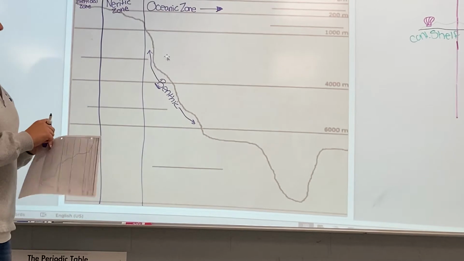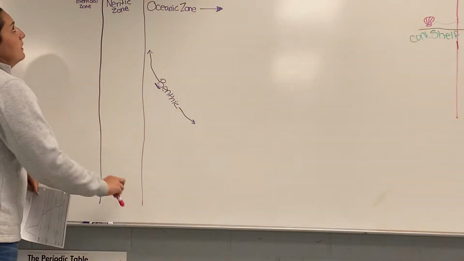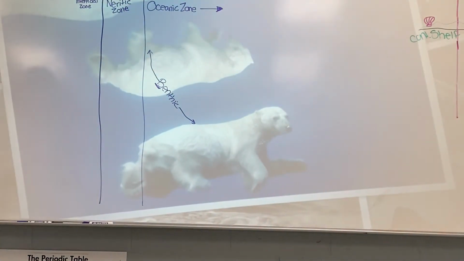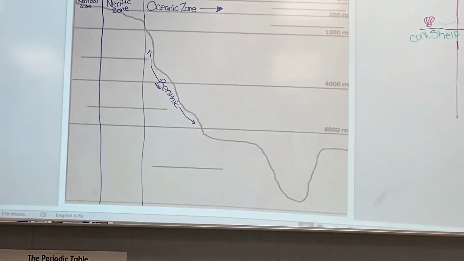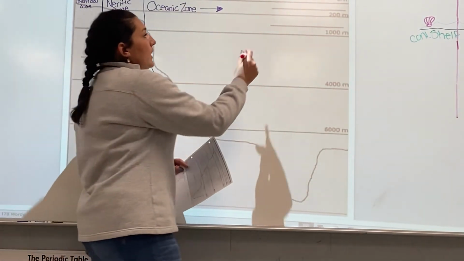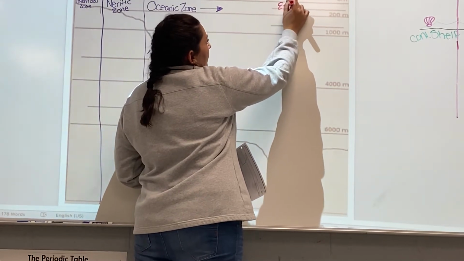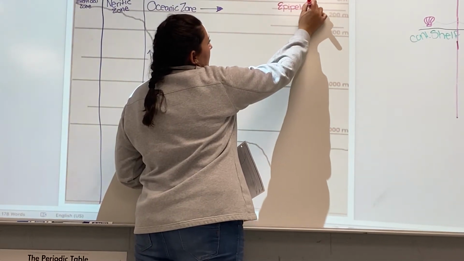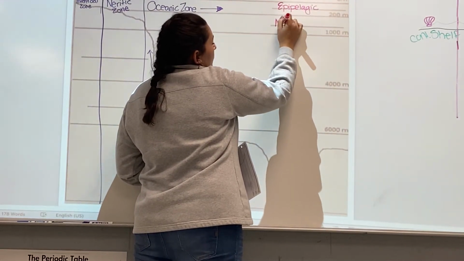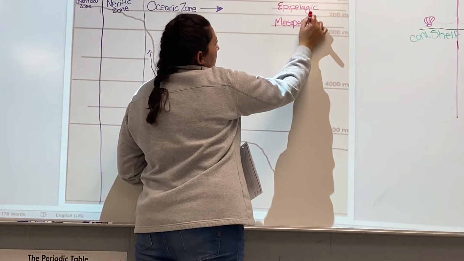And it gave us nice little lines to label the zones from top to bottom on. They're kind of hard to see. From 0 to 200 meters, we have epipelagic. To 1,000 meters, we have mesopelagic.